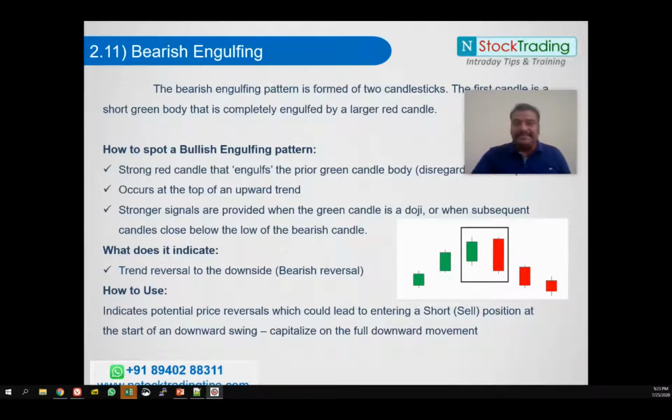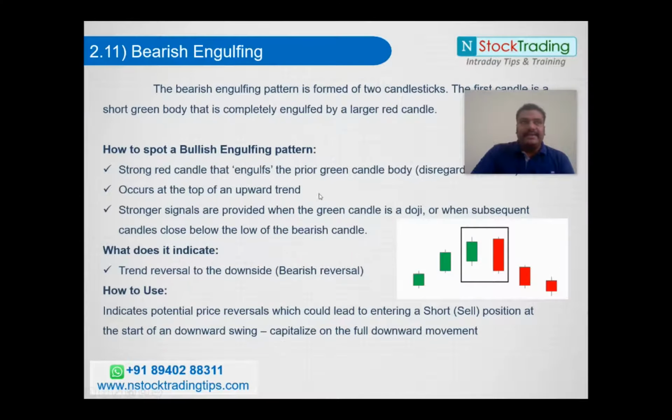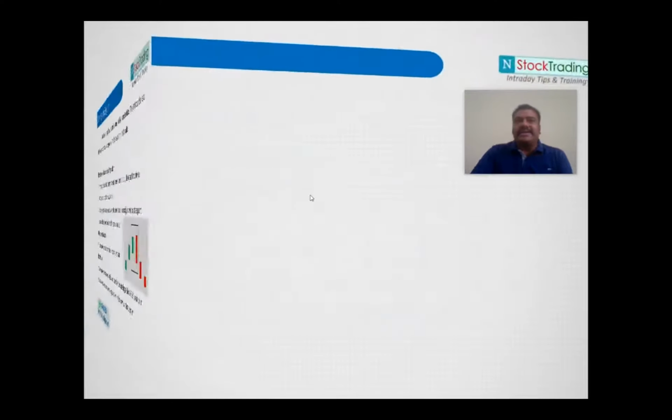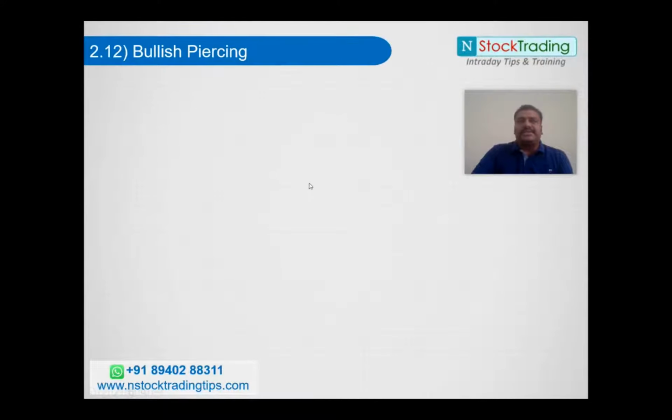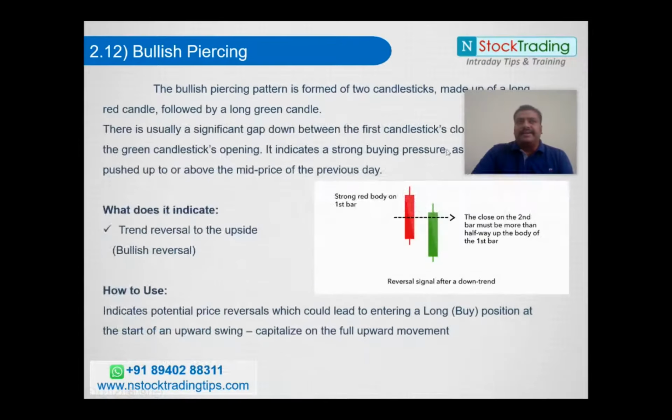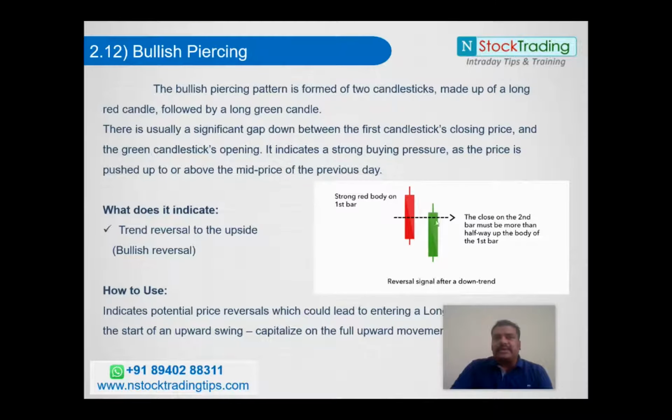are the possibilities. Okay, the next one, which will again be two candlesticks, is called the bullish piercing. If you see here, there is a bullish piercing on a downtrend. When there is another candle, which is a bullish candle, that crosses more than half of the previous candle, it means there is a pierced way of reversal.